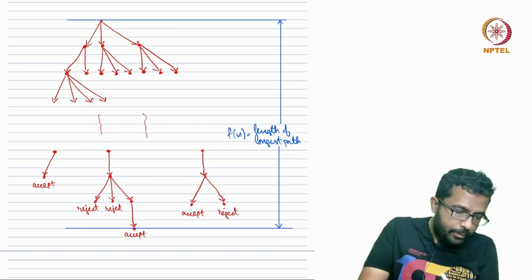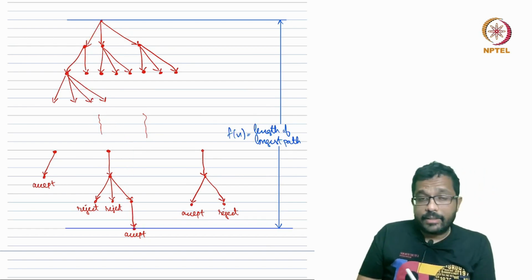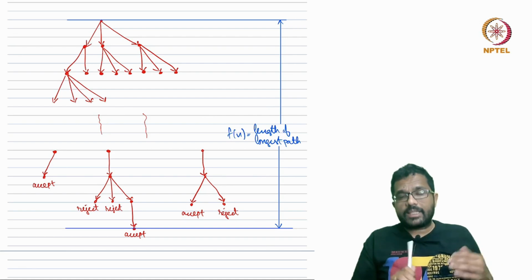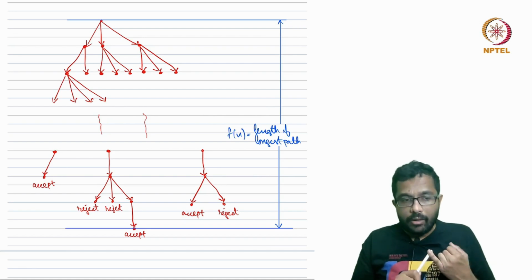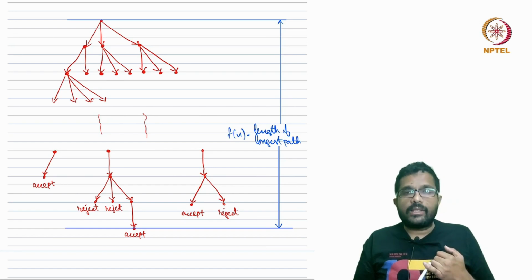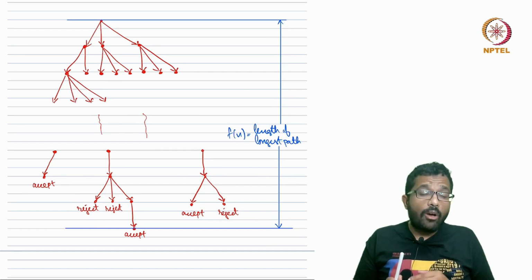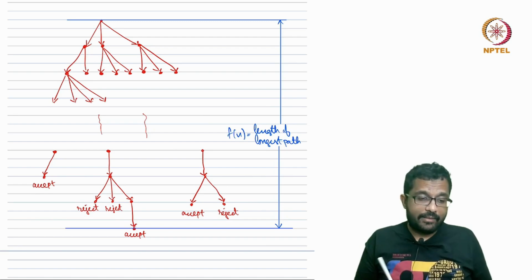So f(n) for this particular input should be the length of this path. But then for every input, f(n) is the length of the longest path, and then we further take the maximum amongst all the inputs of a certain length.